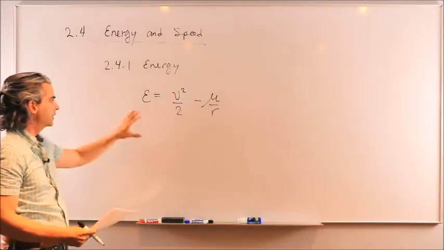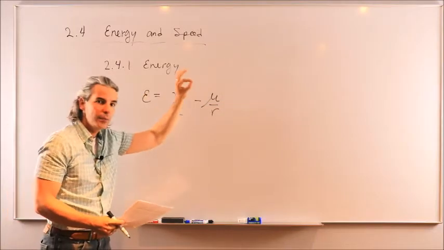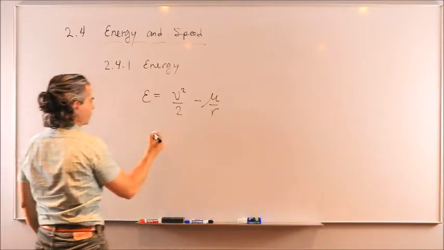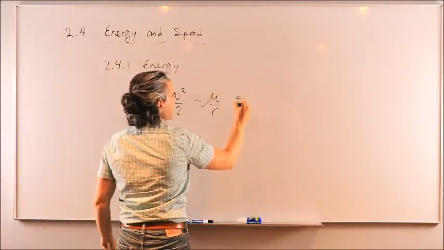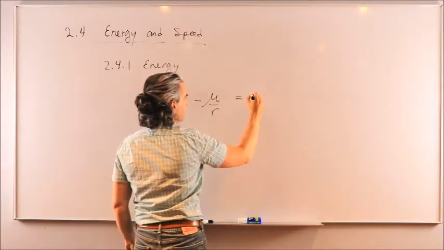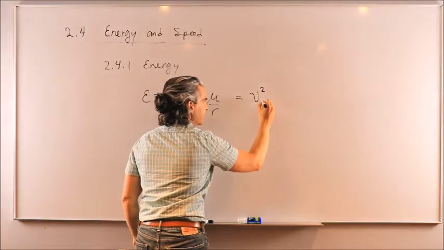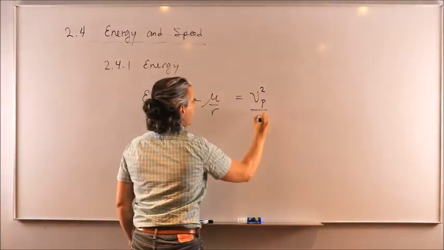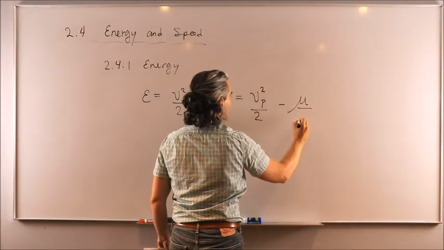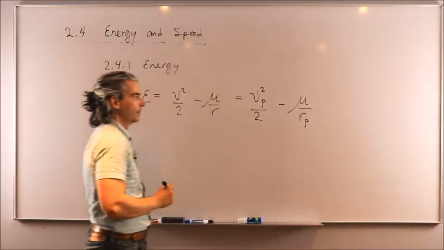What it means is that this particular equation has to hold at any point along the orbit. So, for example, if you look at the orbital energy, specifically at the perigee, then we could say that this also has to be equal to speed squared, specifically at the perigee, over 2, minus mu over the perigee distance, which we had denoted previously with RP.